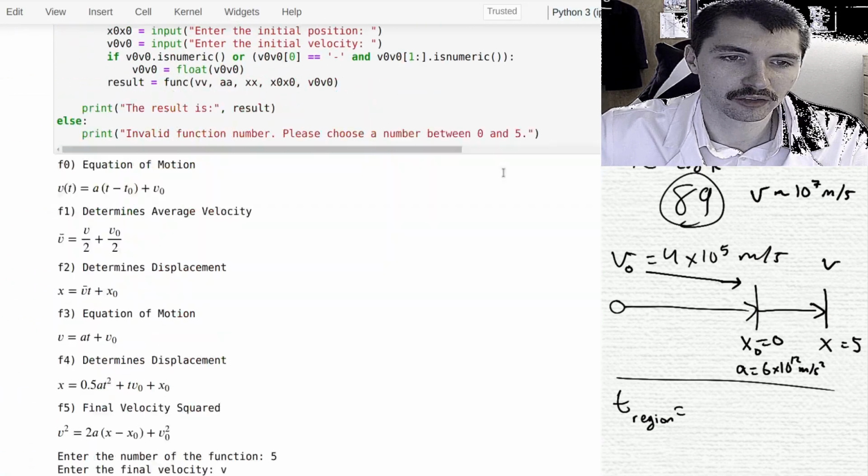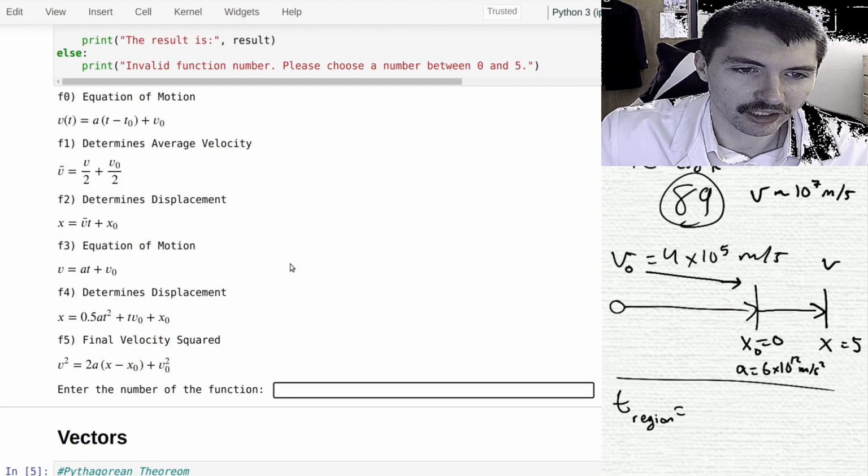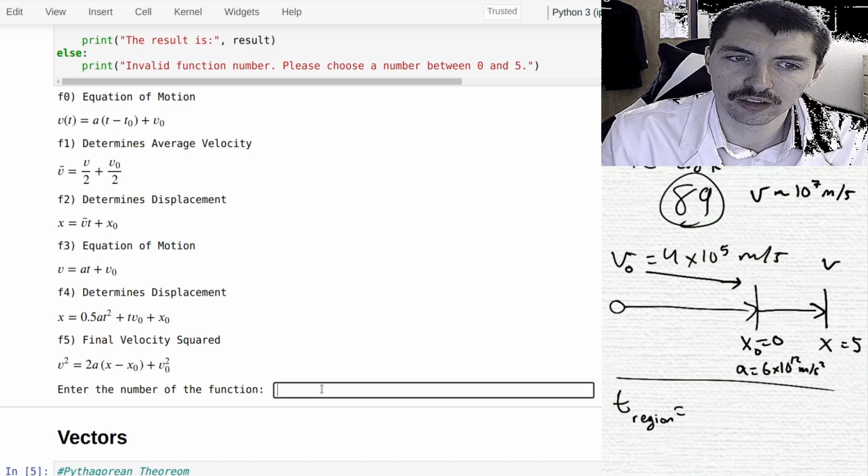Okay, now we're going to plug that into another equation. So we want to find t given v naught. Probably can do equation 3.